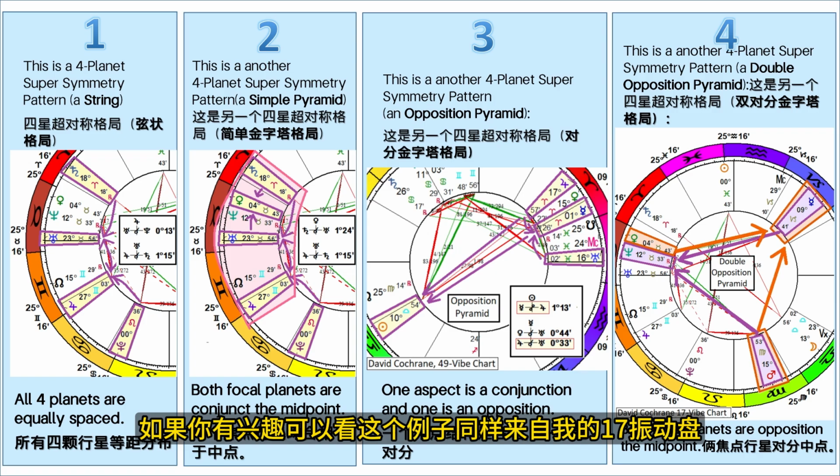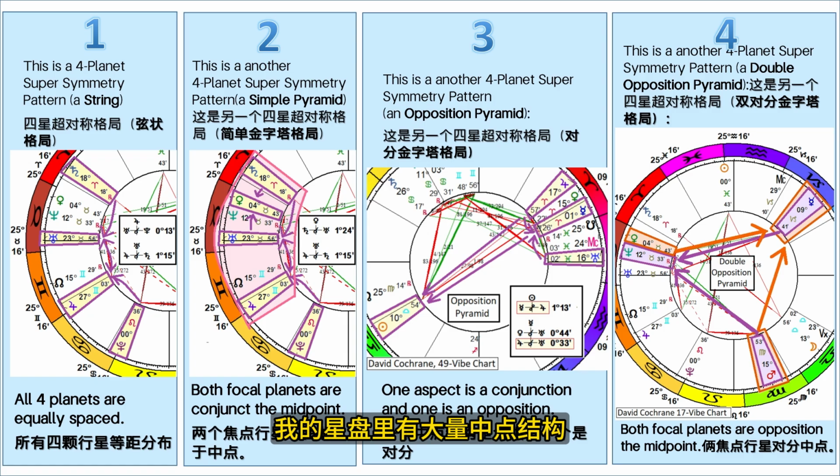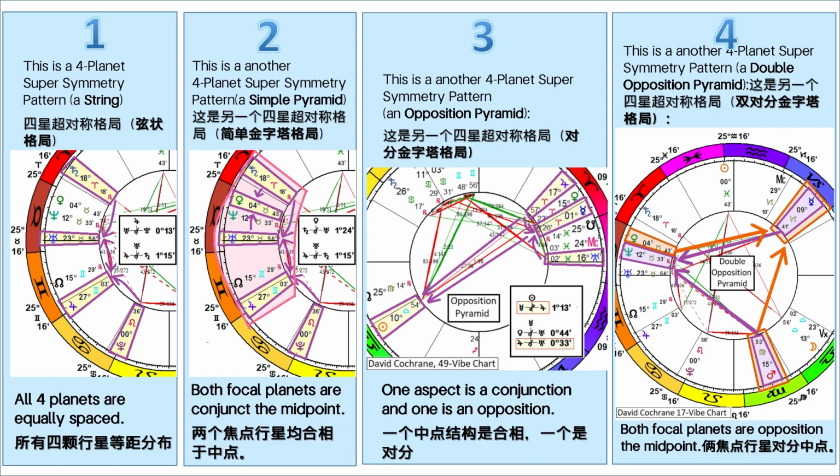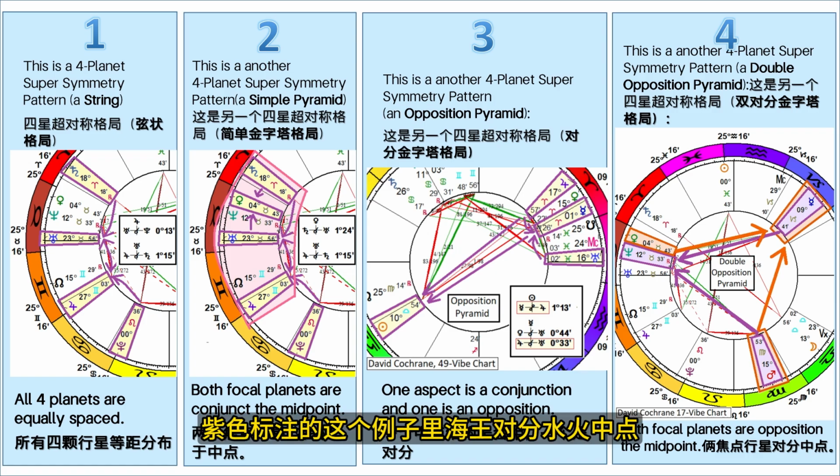And what's happening here, if you're just curious about this, is also my 17 vibration chart. So I have a lot of supersymmetry configurations in my 17 vibration chart.